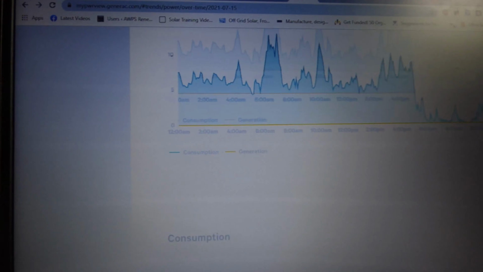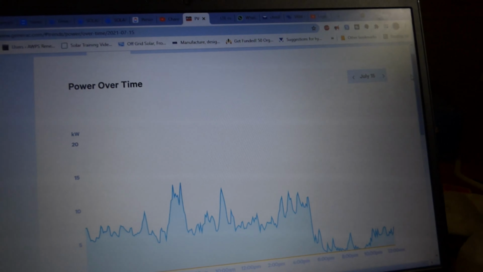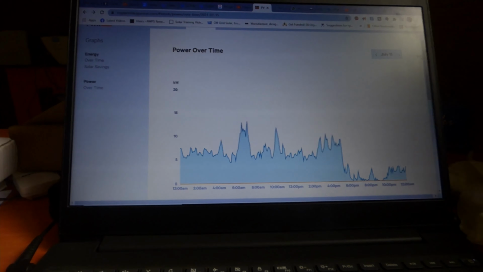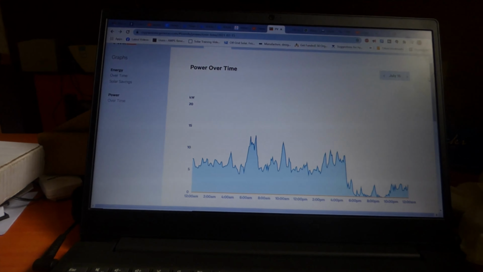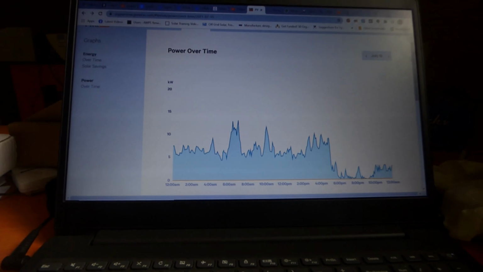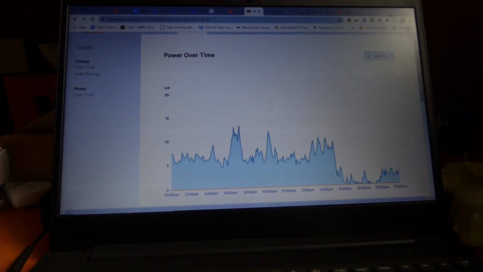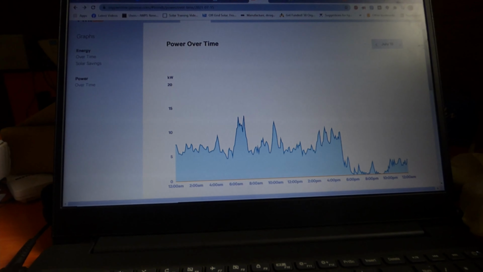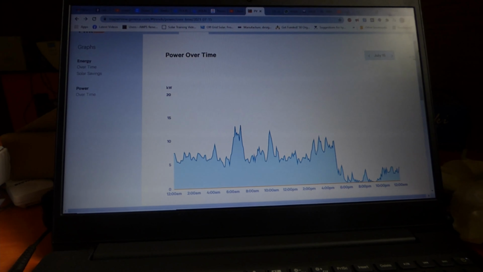July 15, same thing. Looking at this data, first of all, it allows us to size the inverter properly. It also shows us how much their consumption is in kilowatt hours. So we know this customer has averaged 111 kilowatt hours a day in consumption, but today it looks like they might blow through that number.